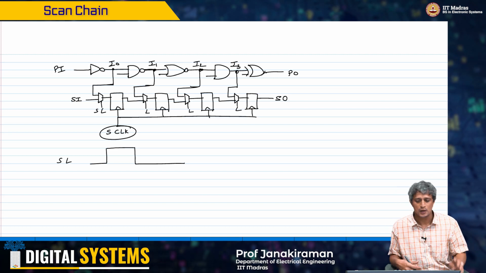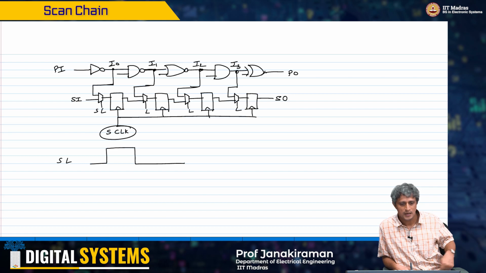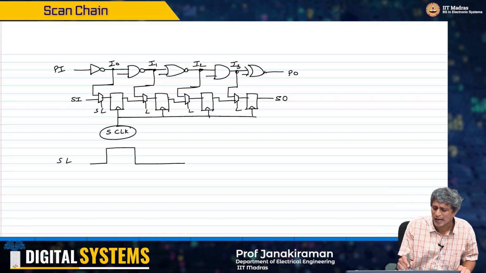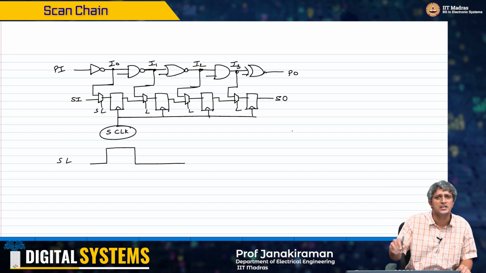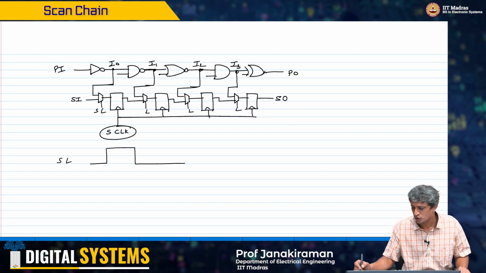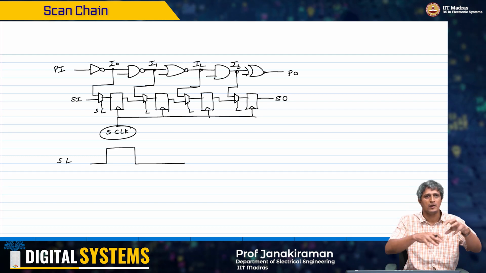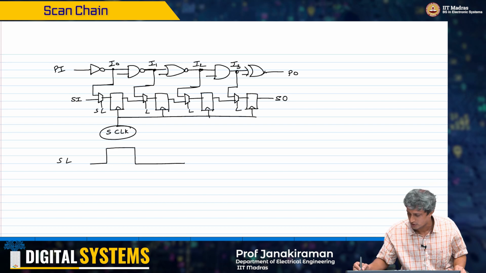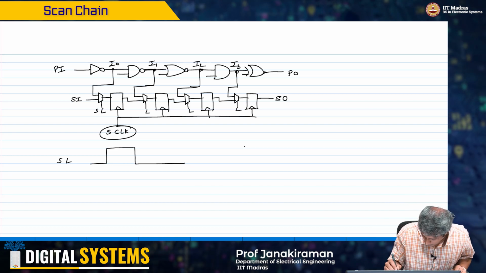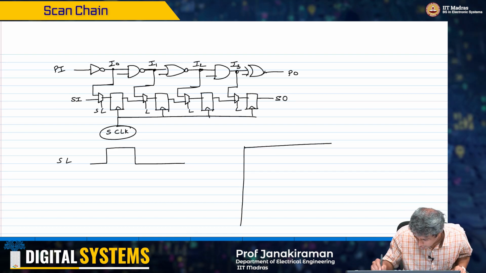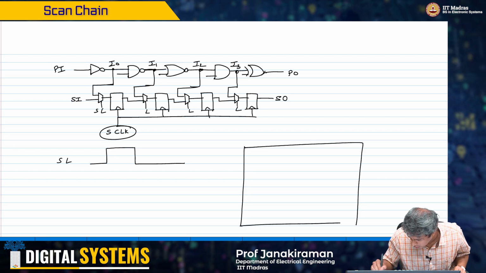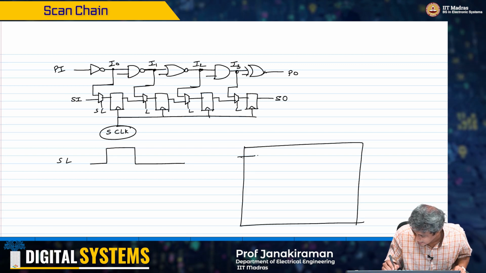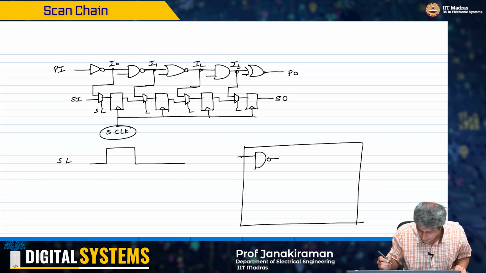So with this kind of a chain, you can basically stitch any number of flip flops in this pattern. What I have shown you here is a very simplistic, straightforward version, but in a real chip you have arbitrary gates sitting here.